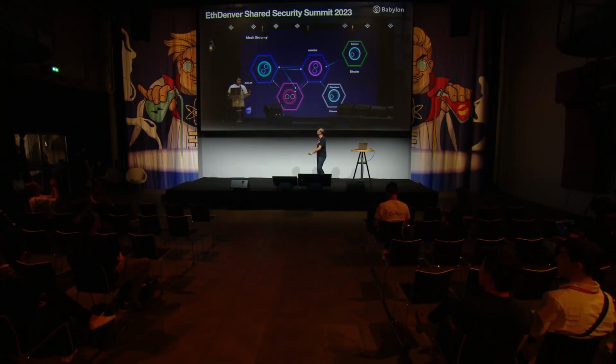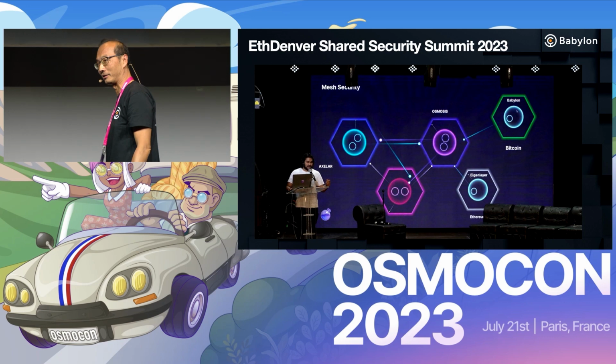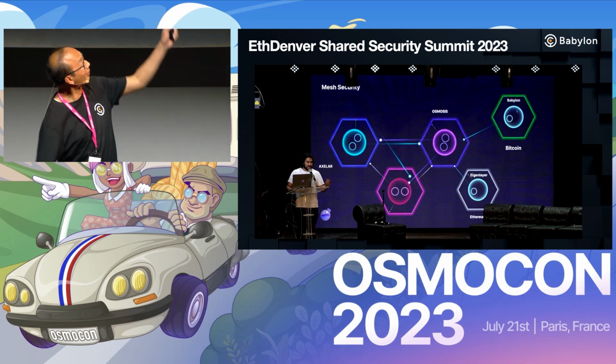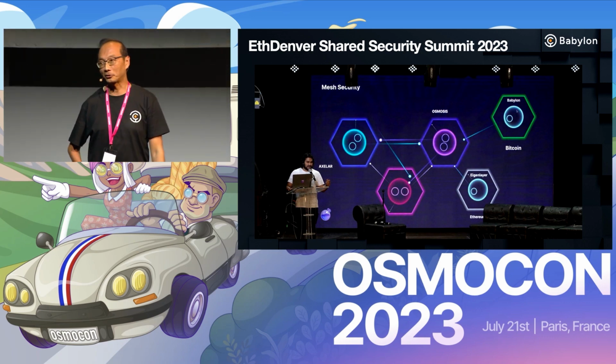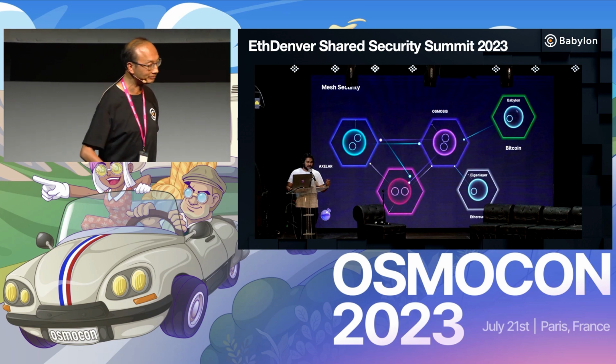We noticed that there was one slide of his talk in which he was talking about mesh security, but then suddenly Babylon showed up in his mesh security, and Bitcoin is also there. So we're wondering, okay, what's going on here?